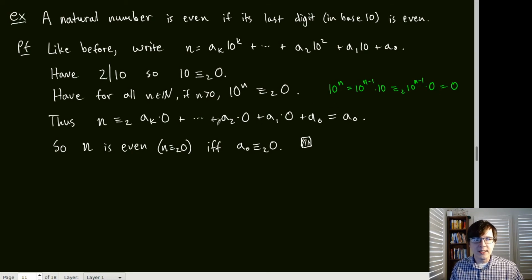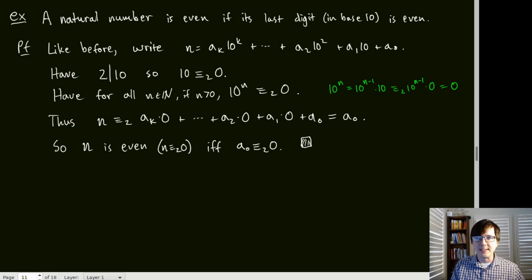And so the conclusion is that n is even, which is to say that n is congruent to 0 mod 2, if and only if the last digit, the unit digit, is congruent to 0 mod 2. Okay, so that's kind of cool that we can rigorously prove that in a quick way using these congruence manipulations.